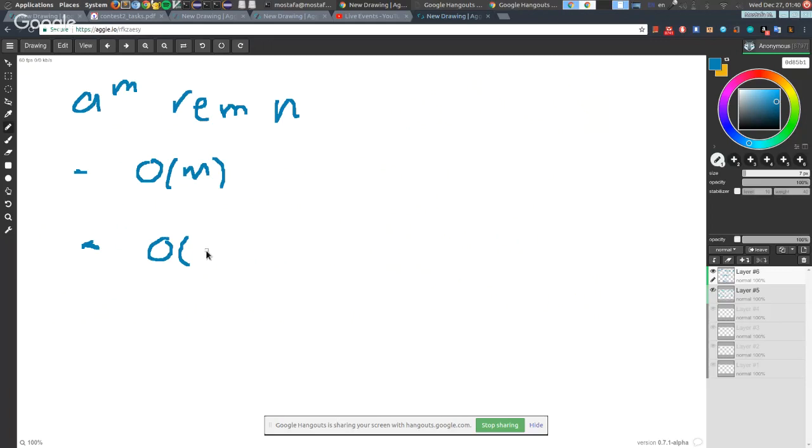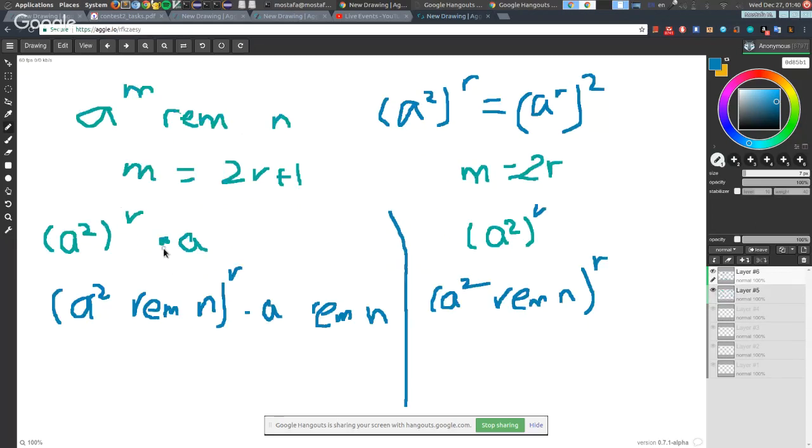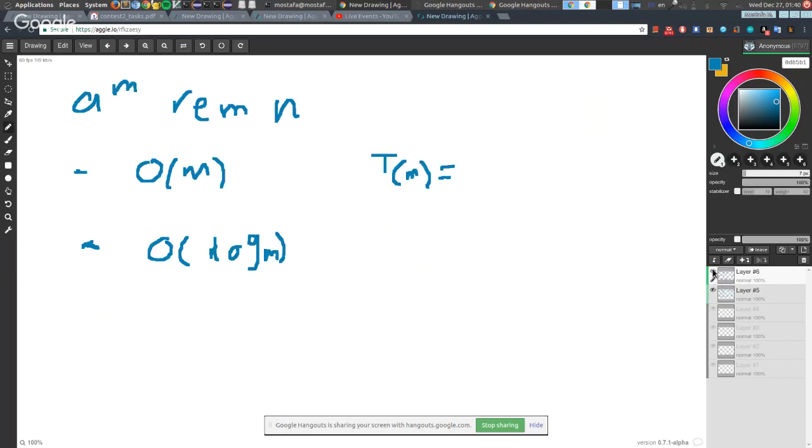This is done in order log m. Because here we can see the number of operations we do, or the number of multiplications: we have 1 here, and 1 from this a squared, and then what comes out here. So basically it's like 2 plus m over 2.